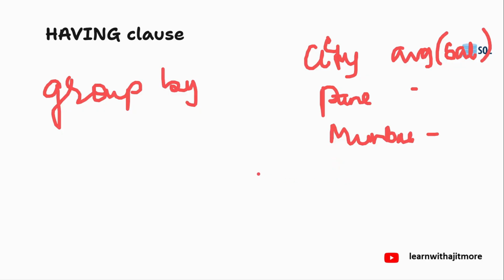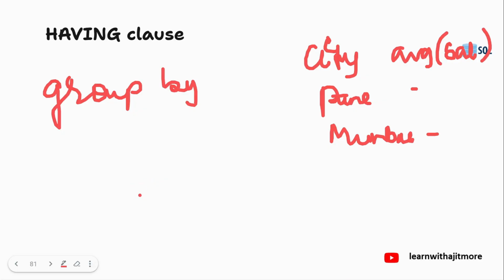Now what I want to do is I want to apply a condition on the outcome of group by. Group by करके जो outcome आया, उस पे वापस condition लगाना. Understanding? Clear? Then at that time you have to use the having clause. जैसे where clause किसको filter करने के लिए है?